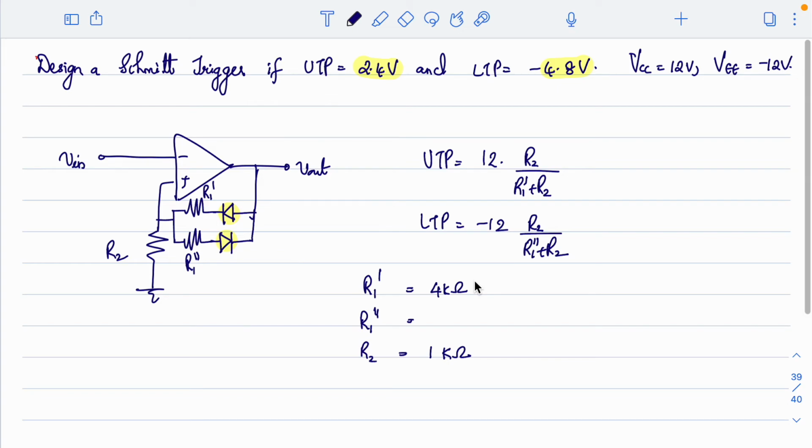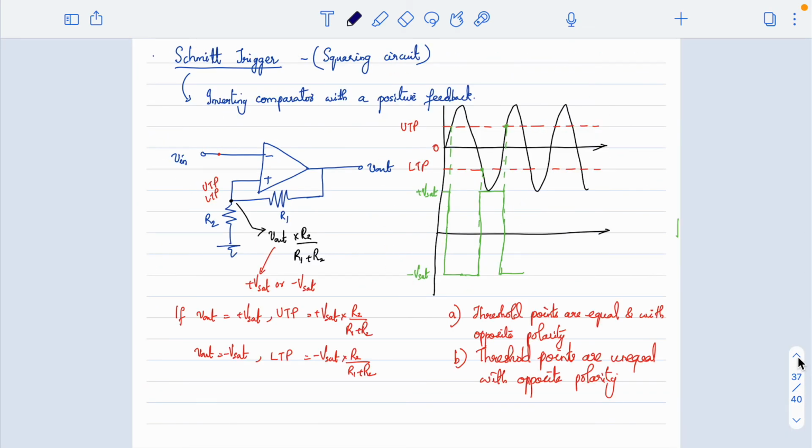Yeah, if you solve, you will get R1 double dash as 1.5 kilo ohms. All right. So this is how you design a Schmitt trigger with unequal threshold points with opposite polarity.